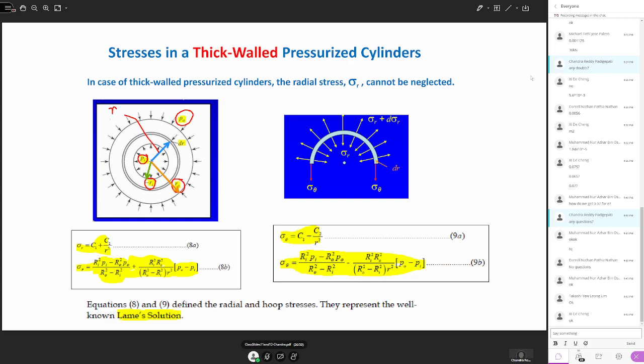The outer radius is Ro, inner radius is Ri, inner pressure is Pi, outer pressure is Po. So for thick cylinders, all right, I clear this.